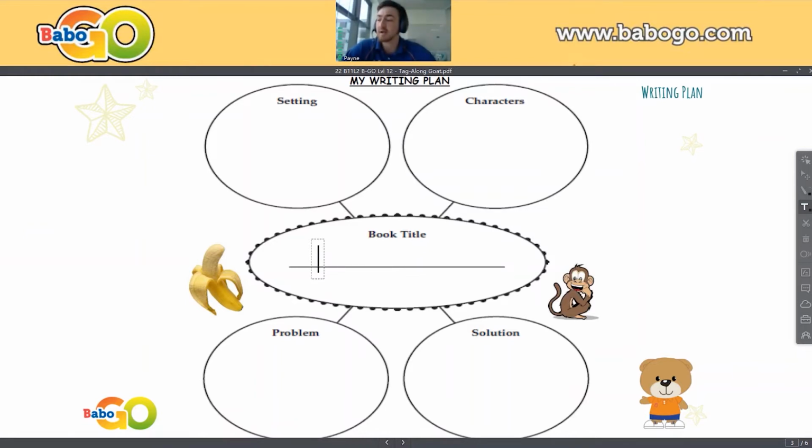If the student can't come up with a title straight away, then just tell them one or help them come up with one. So we could say something like My Unexpected Guest, right? Because it's unexpected that the monkey will follow them home.